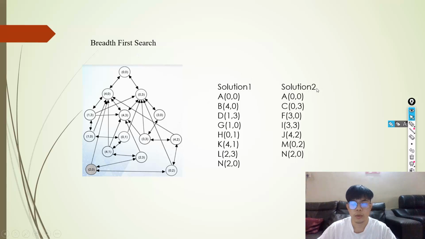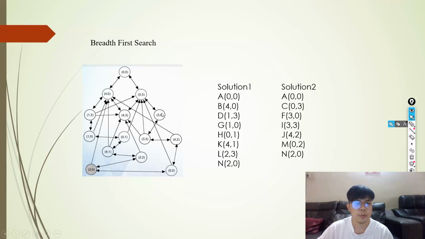Next we'll be talking about solution 2. Solution 2 has a different pathway compared to solution 1. As the same, it starts at (0, 0), which means both buckets are empty. Next, we fill up the X bucket, so it will be (3, 0).